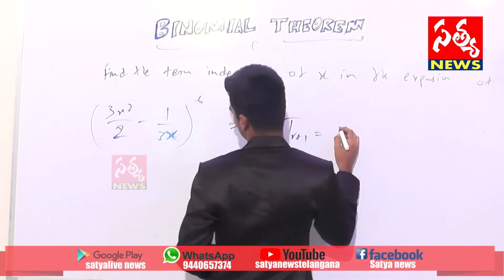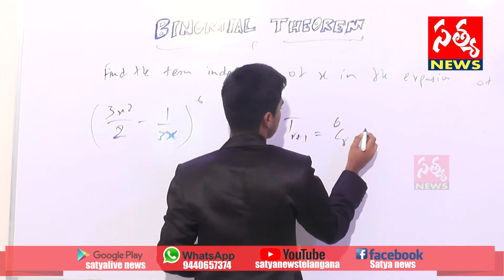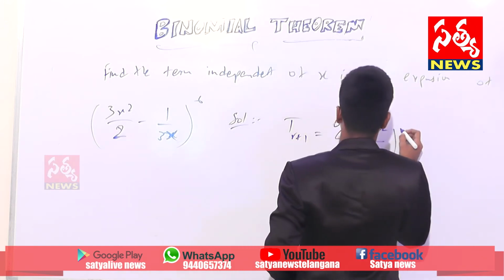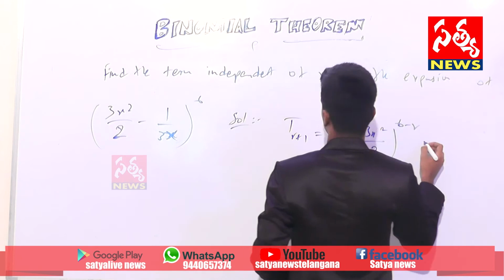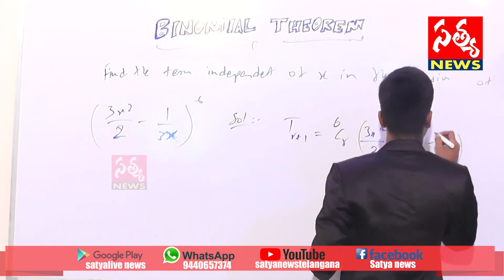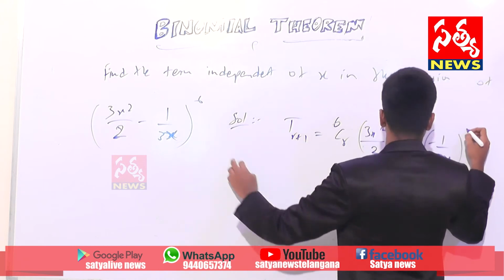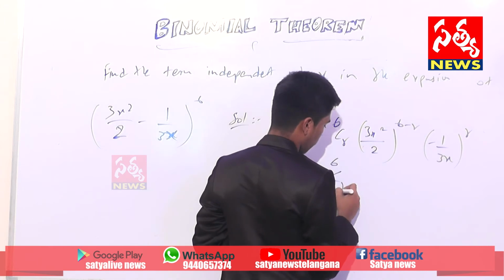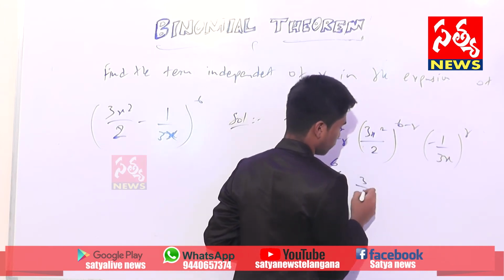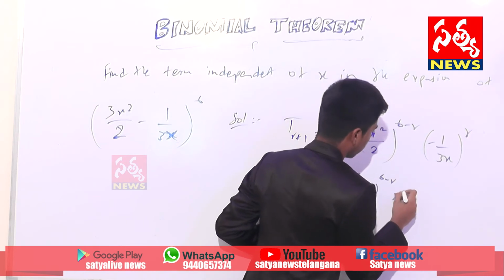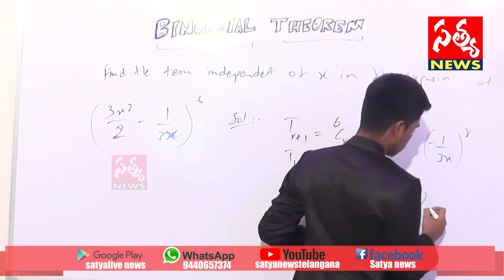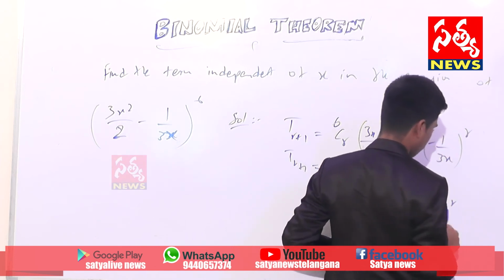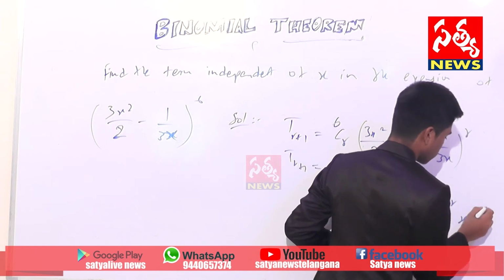T(r plus 1) equals 6Cr, 3x square by 2 whole power n minus r, into minus 1 by 3x whole power r. Now solve for r. 6Cr, 3 by 2 whole power 6 minus r, x power 2 into 6 minus r, into minus 1 whole power r, 1 by 3 whole power r, x power minus r.